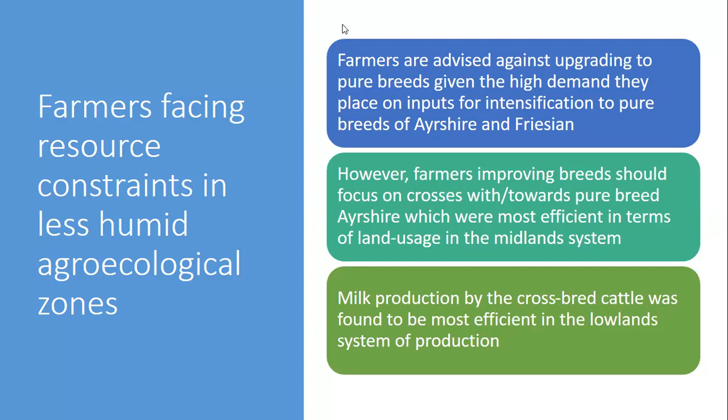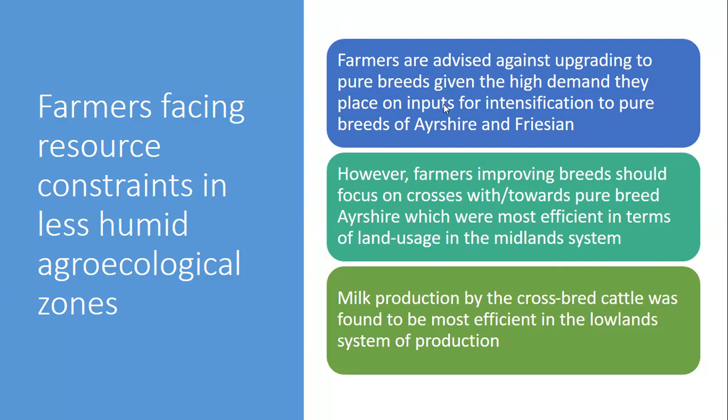Another advice for farmers was to improve their breeds, as the current production with the more traditional zebus in these regions was not efficient, as farmers are intent on improving feed, but the output of the indigenous breed is quite low.